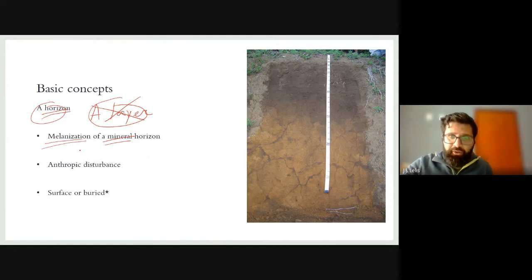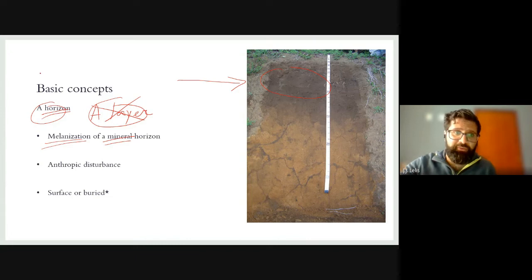The partial decomposition of organic compounds reduces chroma and value of this horizon, and it presents a dark color. So you identify a dark horizon, but a dense horizon.